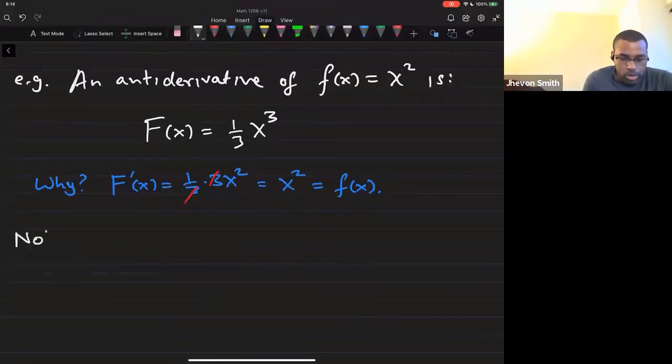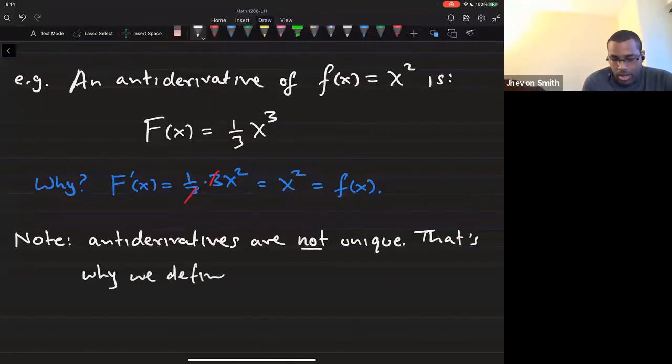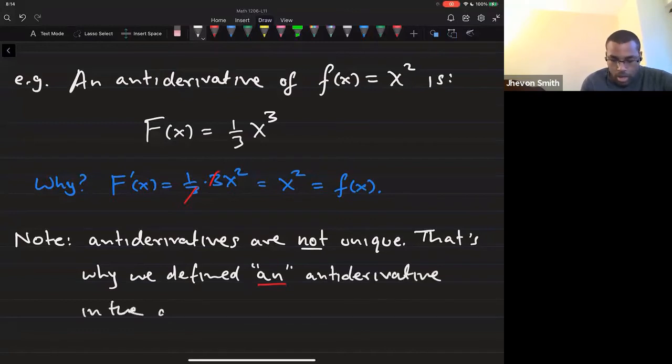Here's something I want you to note. Antiderivatives are not unique. That's why we defined an antiderivative in the definition.